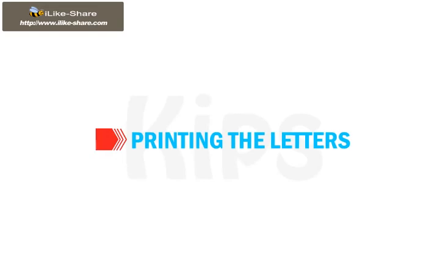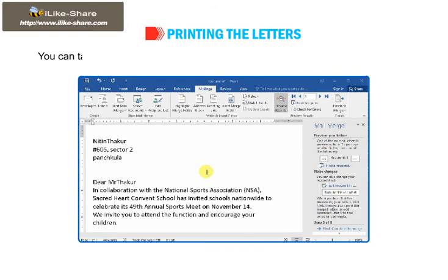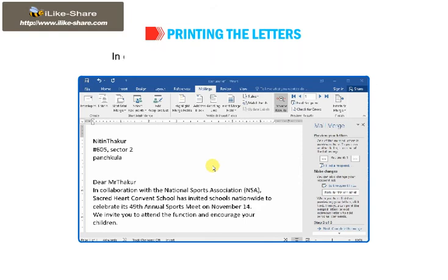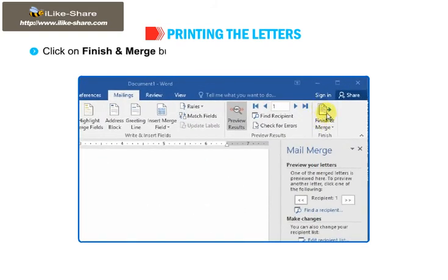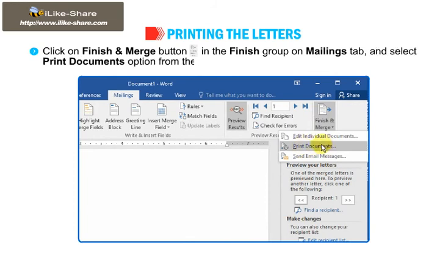Alright, let me now tell you how to print your letters. You can take the printouts of your letter with the merged data of your data source. In order to print the letters, follow the given steps. Click on Finish and Merge button in the Finish group on Mailings tab and select Print Documents option from the drop-down menu.